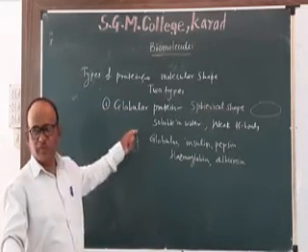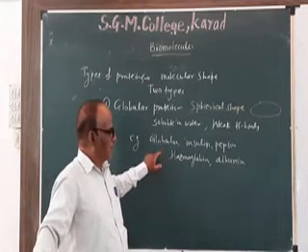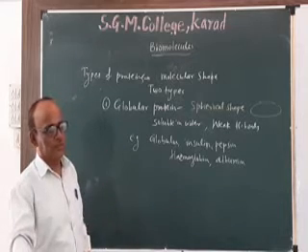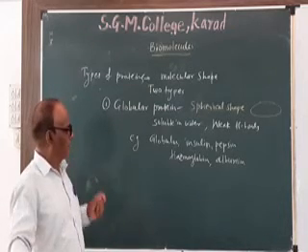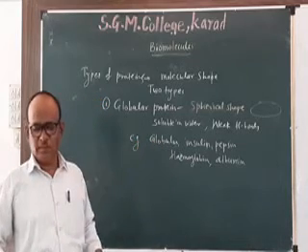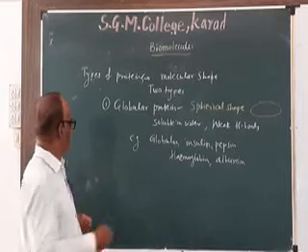You have to remember these examples. A question will be asked on this in MCQ: which of the following is a globular protein? Globulin, insulin, pepsin, hemoglobin, albumin are examples of globular protein.